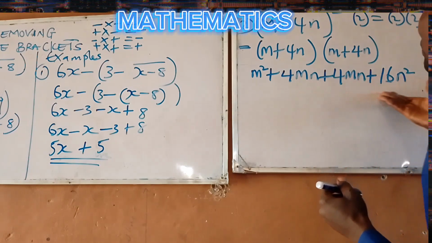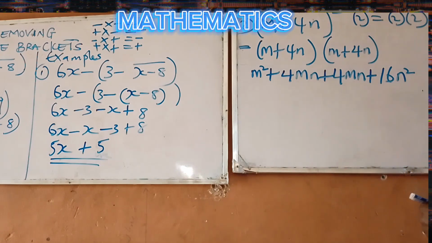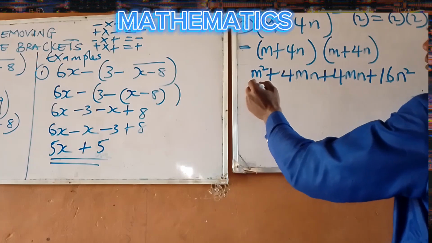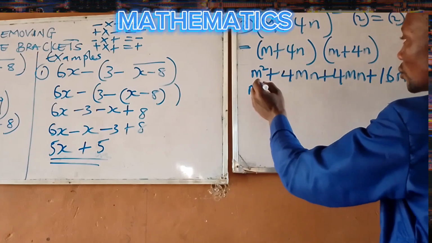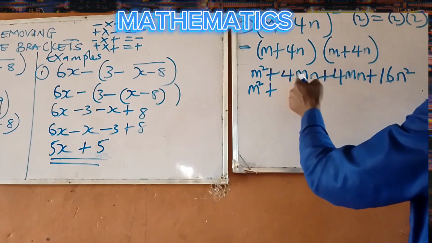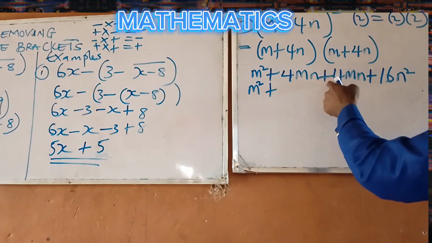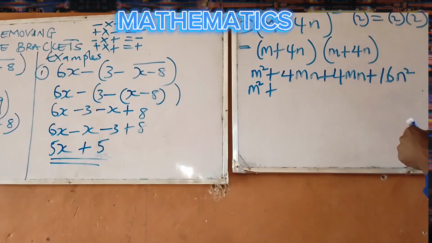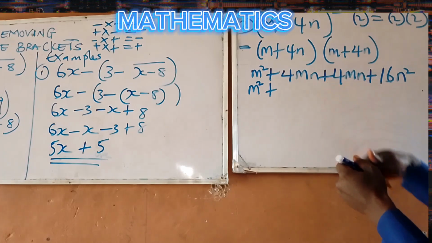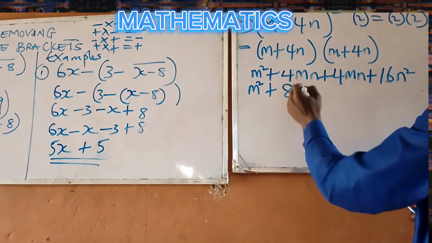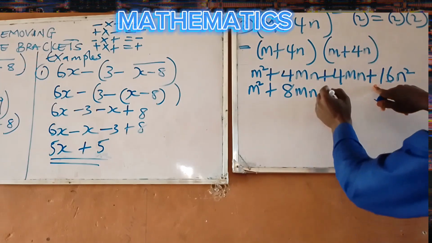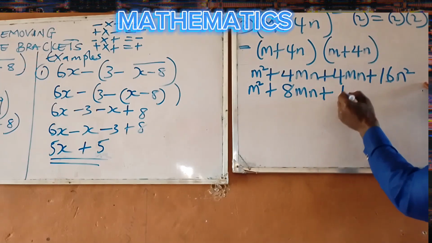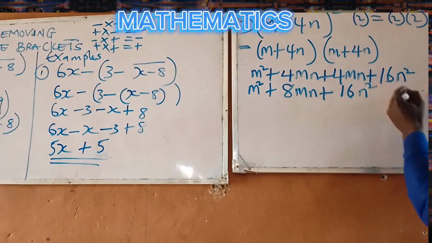Now looking at the question, it is already in like terms, so I don't need to collect the like terms. So I'll be having m squared, 4mn plus 4mn, they are in like terms, so I can add them together. The answer is going to be 8mn plus 16n squared.